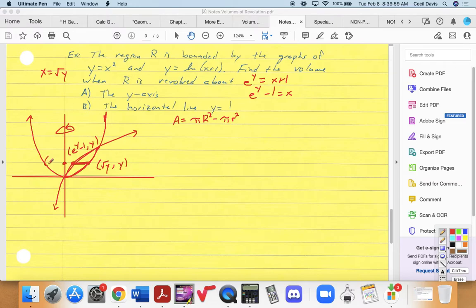And this coordinate is 0, y. The big radius will be the distance from this point to this point. That's changing in x, right? So it'll be the x coordinate minus the x coordinate. It's just the square root of y minus 0.